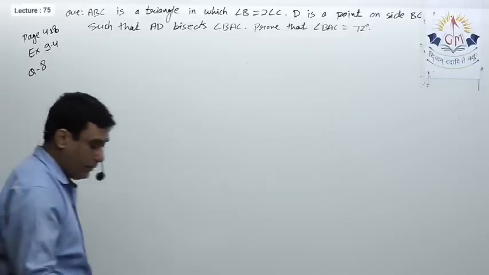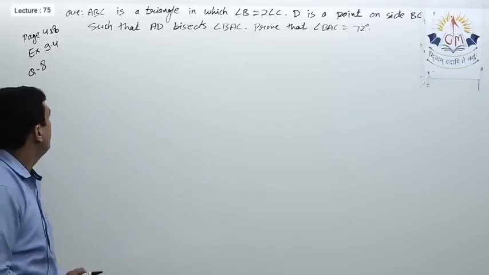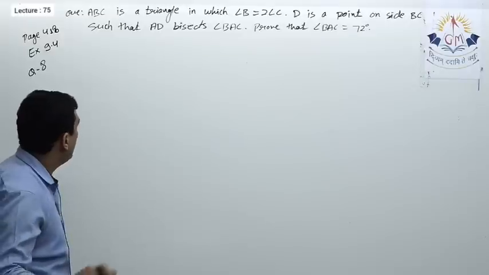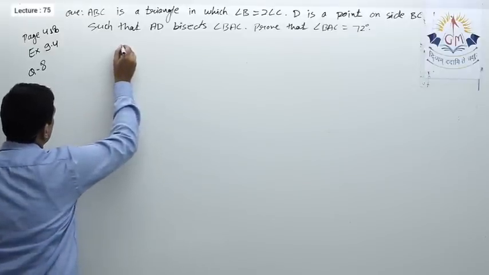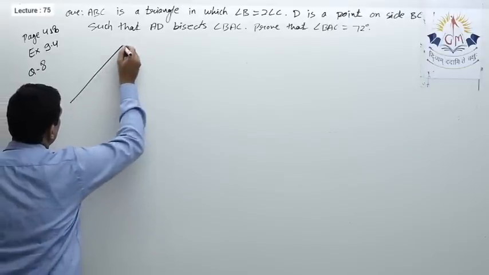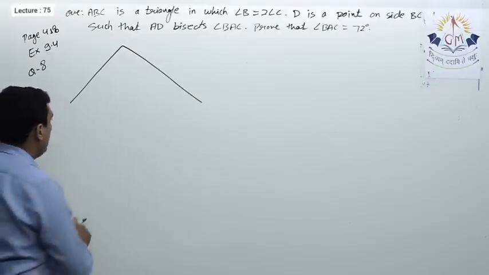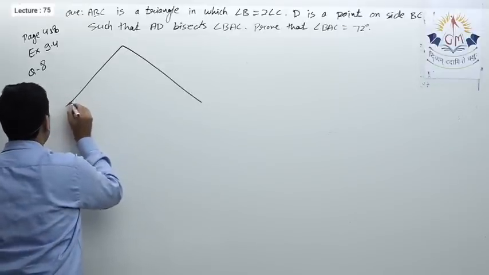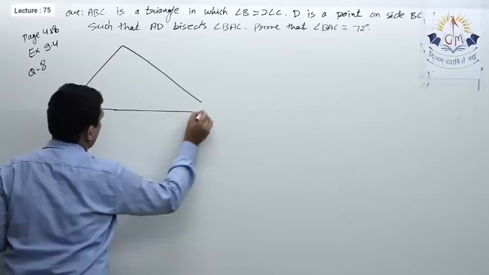Okay, let us see how to solve this. It is given in triangle ABC, angle B is twice of angle C. So angle B must be double of angle C, that we have to take.